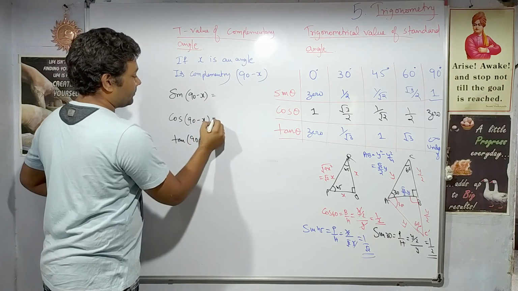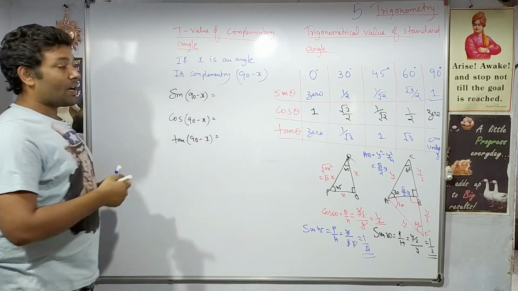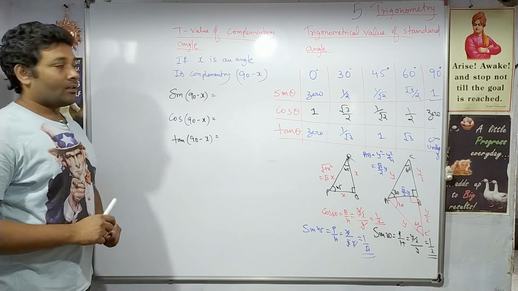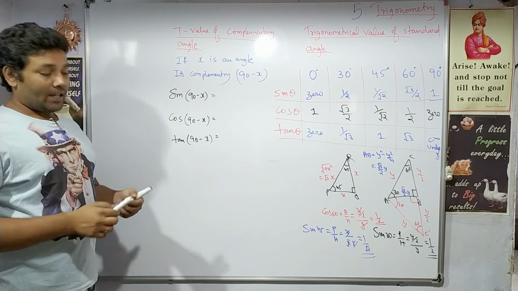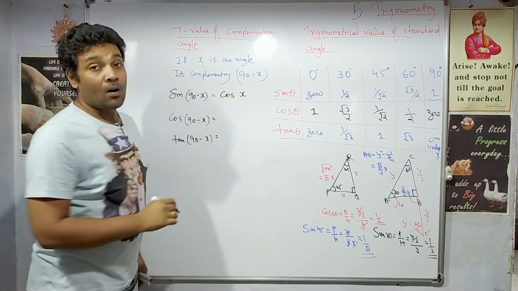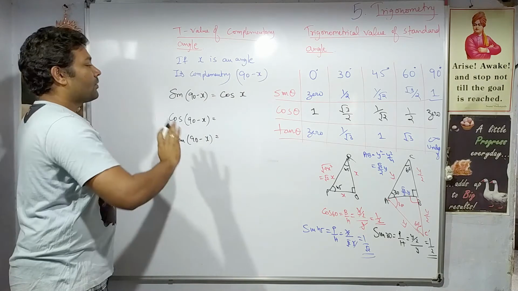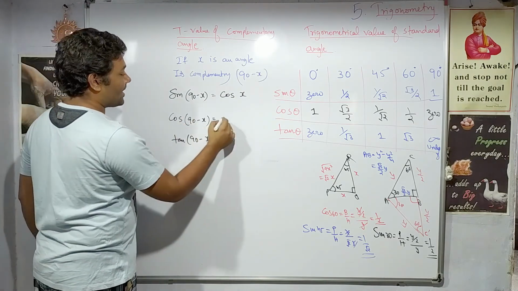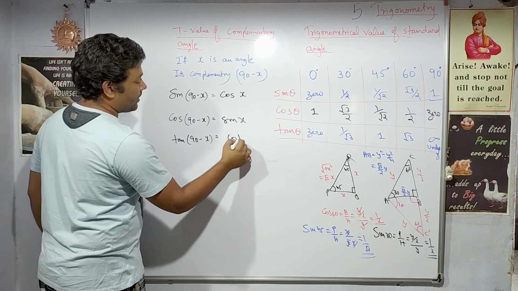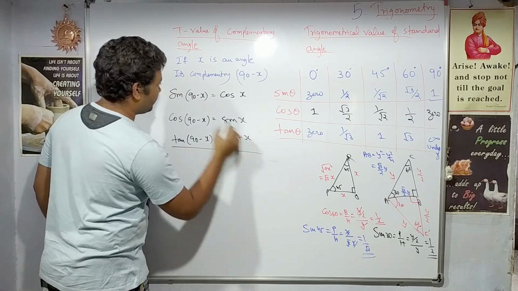Let us find. Sine 90 minus x, where x may be any value, will give you cos x. How? We will prove. Cos 90 minus x will give you sin x. Tan 90 minus x will give you cot x.